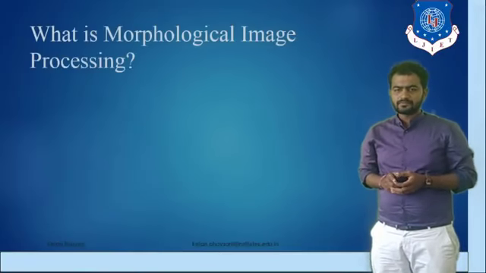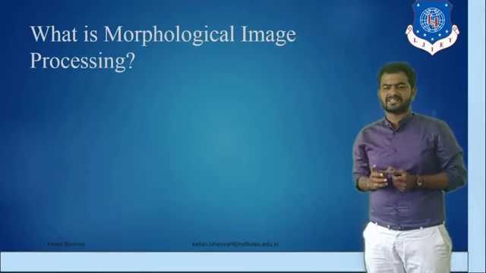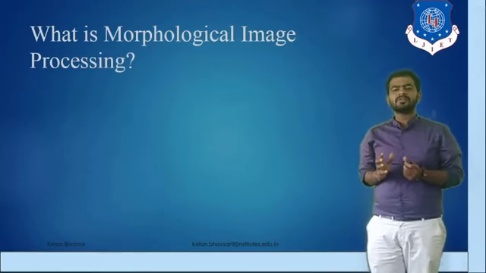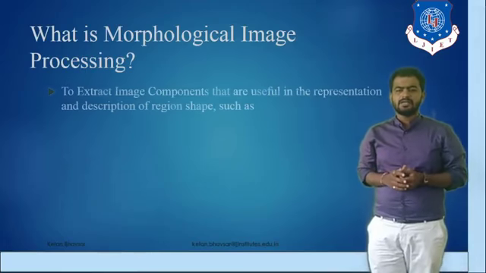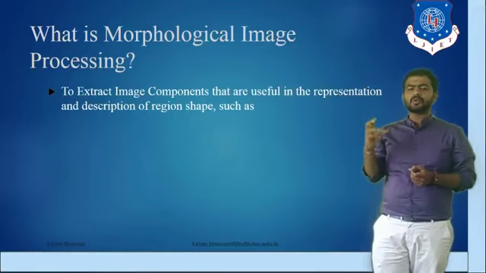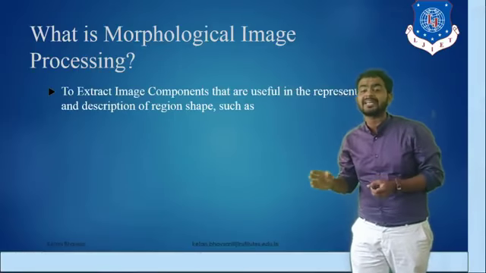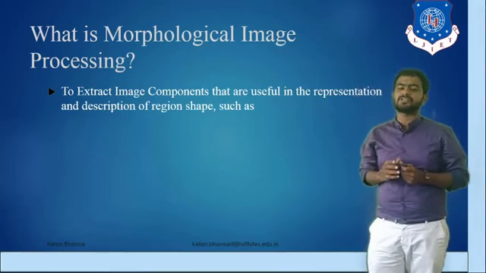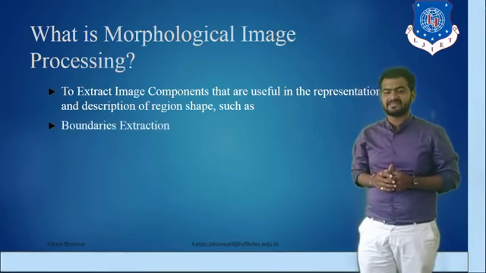Now, what is morphological image processing? The first question arises in our mind. Morphological image processing is used to extract the image components that are useful in the representation and description of regions.